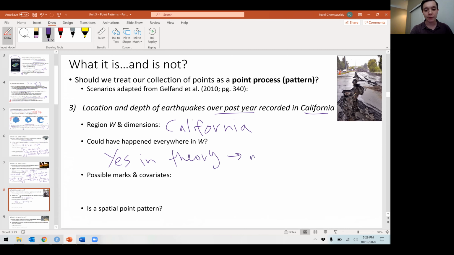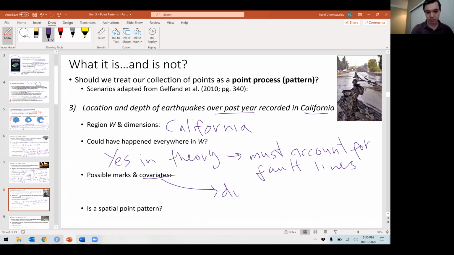But we must account for the fault lines or other risk factors for earthquakes. Possible marks and covariates. Well, a covariate, again, is a characteristic of the space, characteristic of a window. So covariate very well might be distance from fault line.